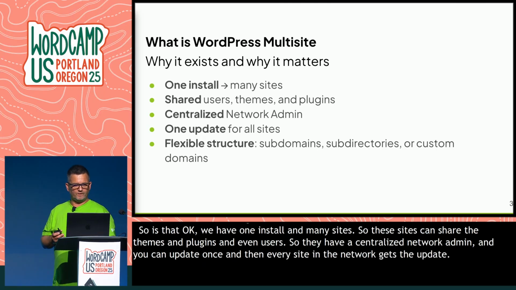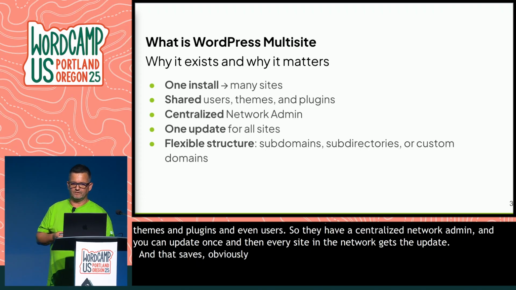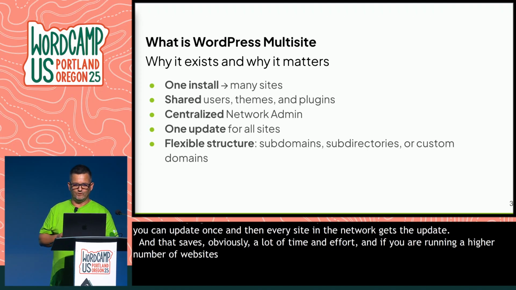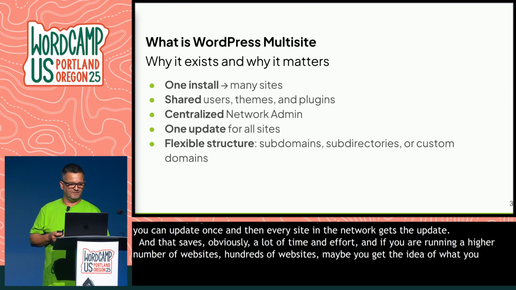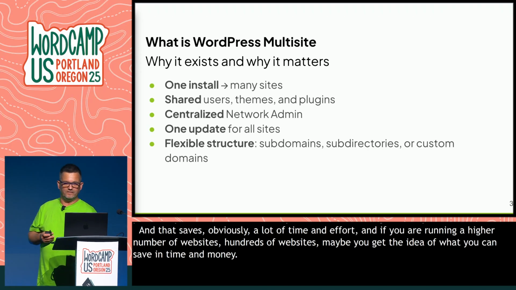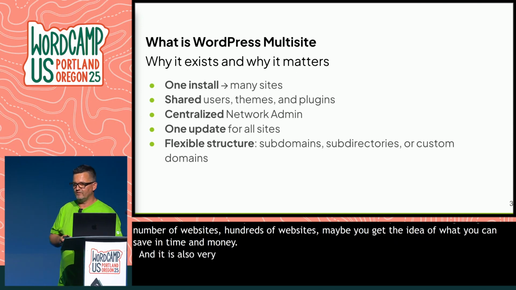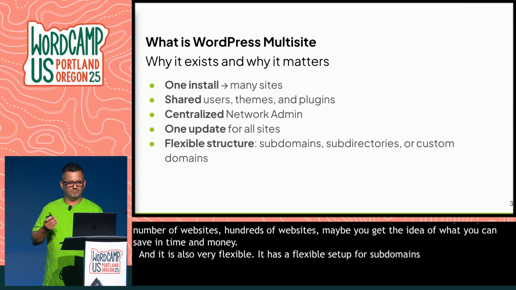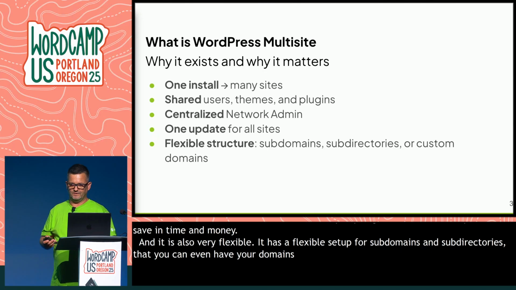That obviously saves a lot of time and effort. If you are running a higher number of websites, hundreds of websites, maybe you get the idea of what you can save in time and money. It is also very flexible. There's a flexible setup for subdomains and subdirectories, and you can even have customized domains on it.